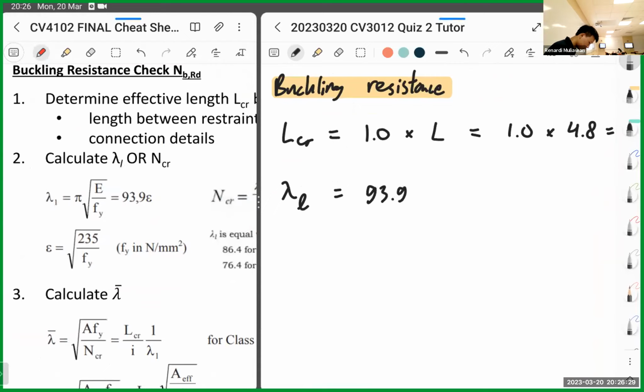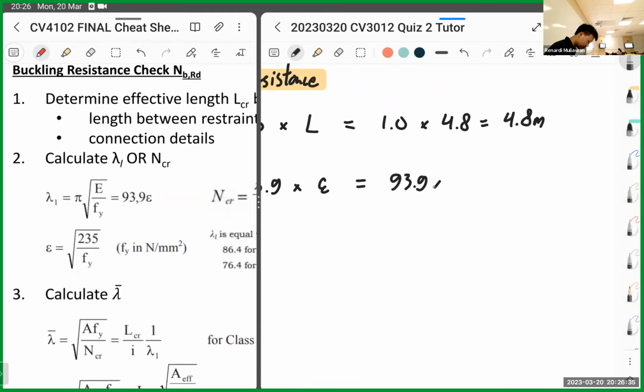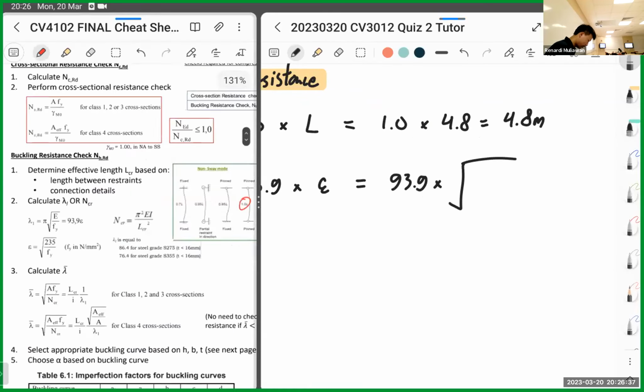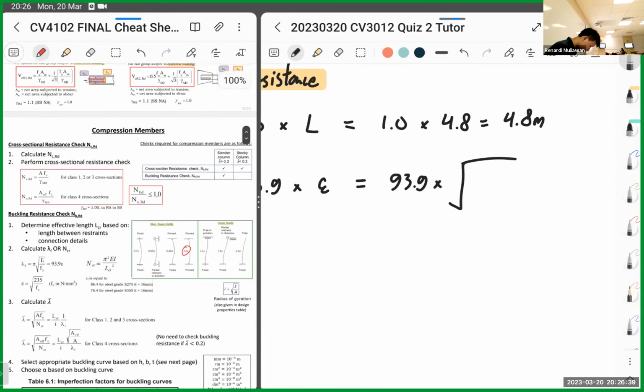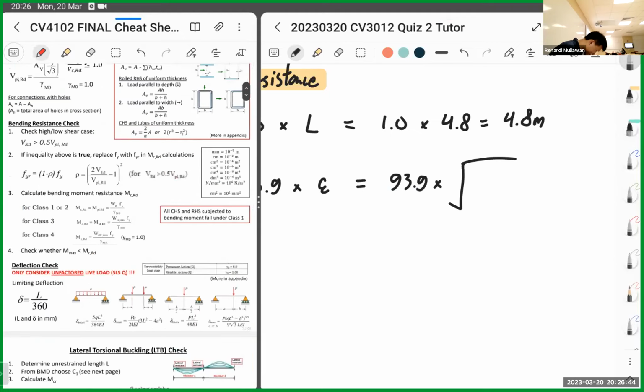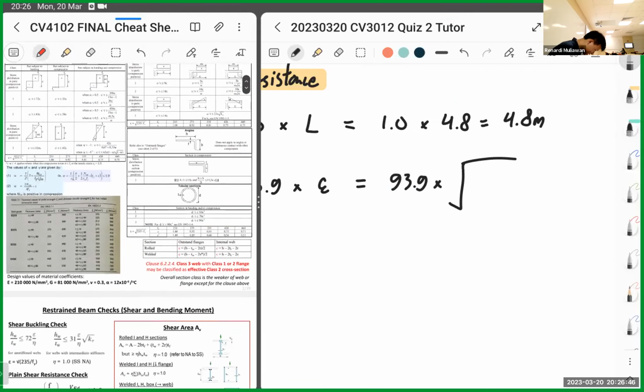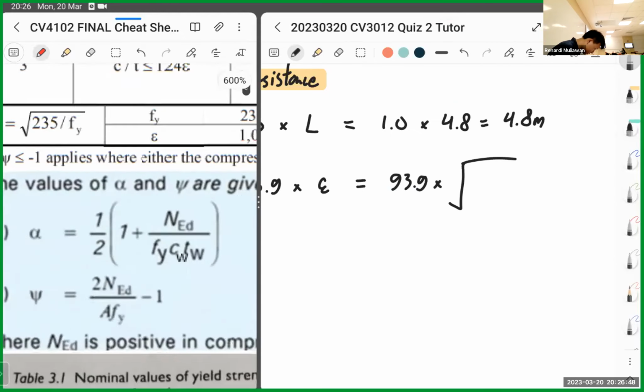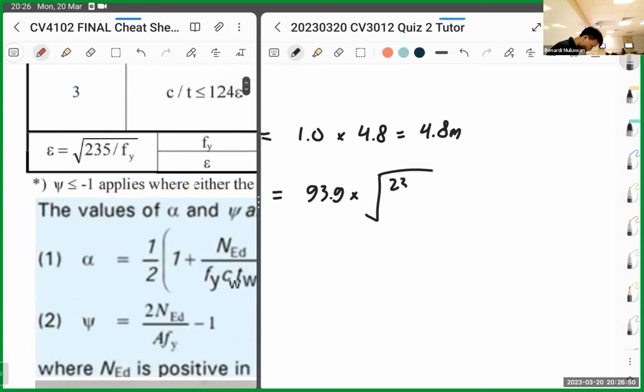So in this case, I just use 93.9 multiplied by epsilon. If you remember, epsilon is the square root of, I forgot it. Did I put it here? It's here: 235 divided by Fy.